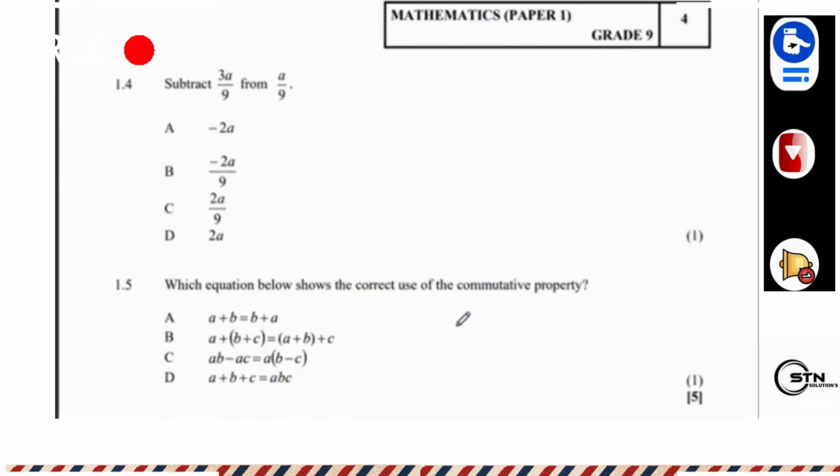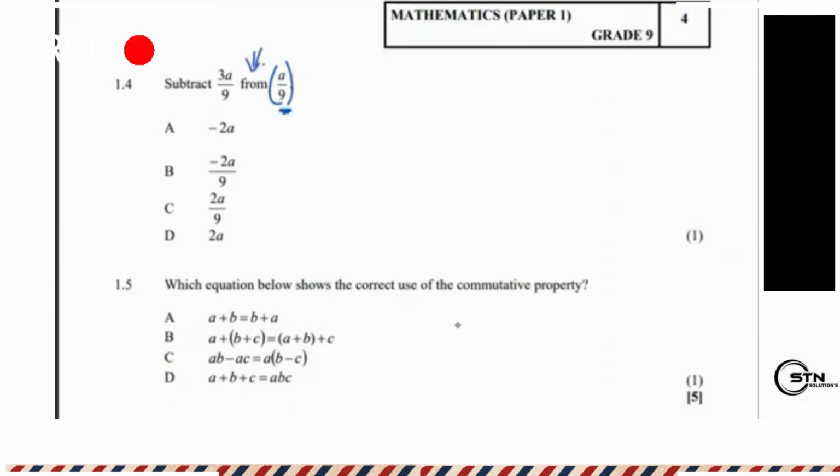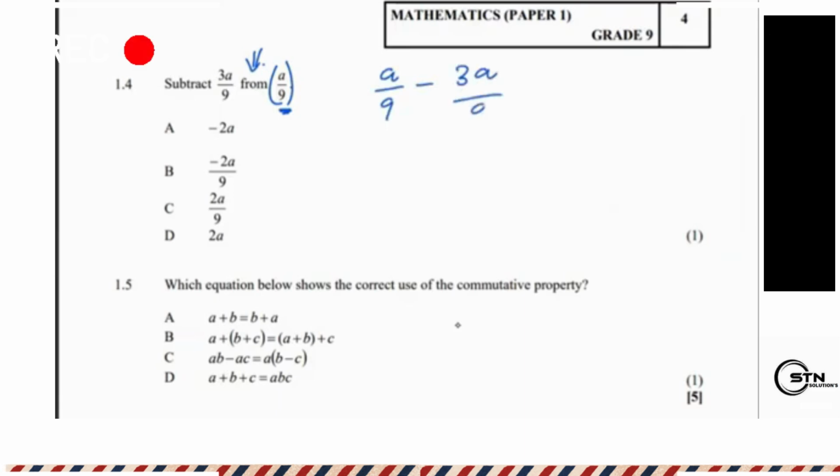They're telling us that we must subtract 3a over 9 from a over 9. So meaning that it is this that must come first. Whenever we see the word from, whatever follows it must come first in your expression. So it's going to be 3a over 9.